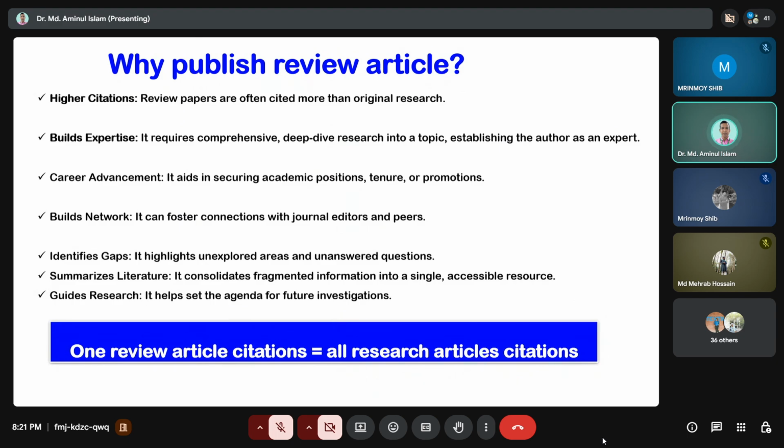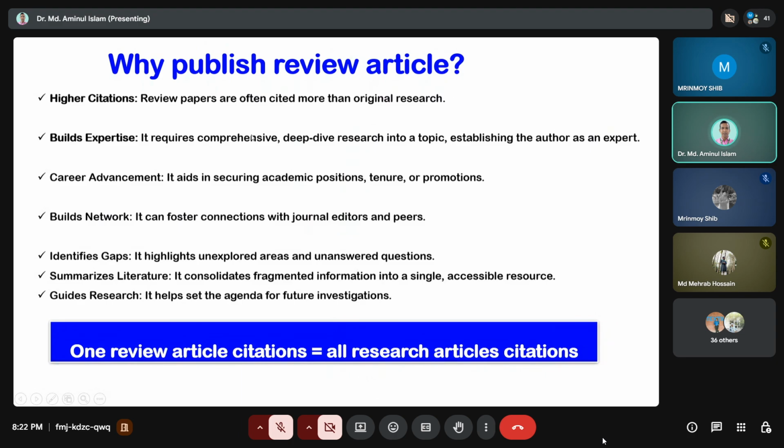Then I visited his profile and found that one review article's citations are more than all his other publications in his academic career. That means a review article gives you high citations.